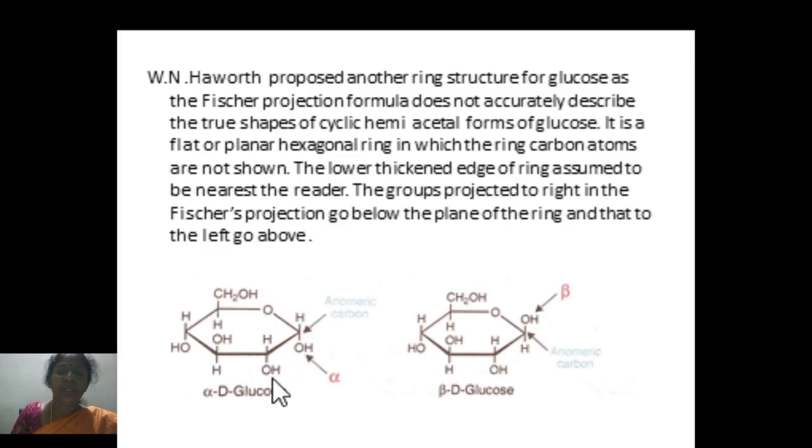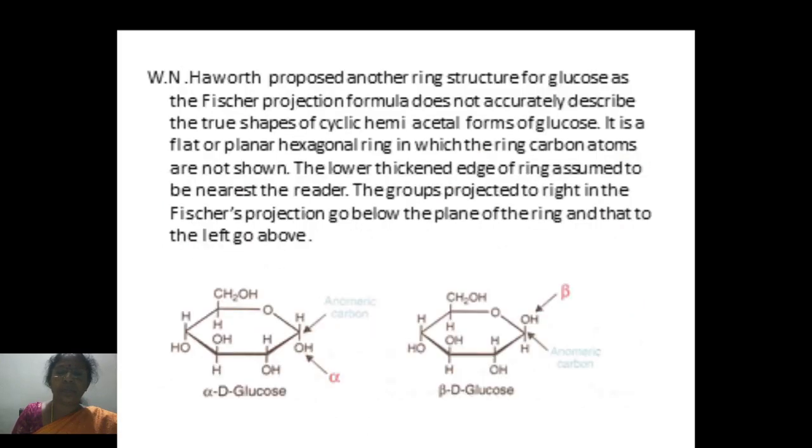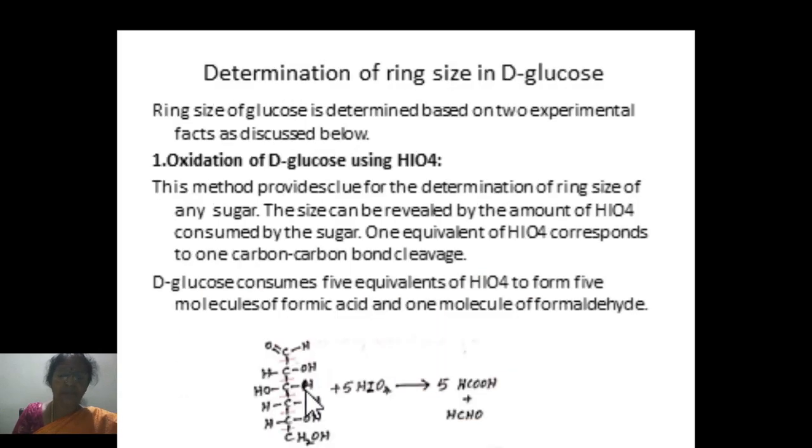The groups which are projected at the bottom are same as that of groups which are towards the right in the Fischer projection. And here you can see the OH group, if it is present on top it is beta isomer, if it is at the bottom it is alpha isomer.